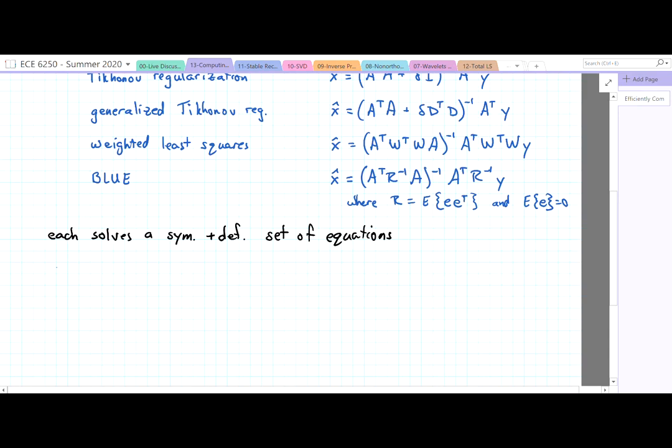And in general, there are better ways to do this than direct computation.